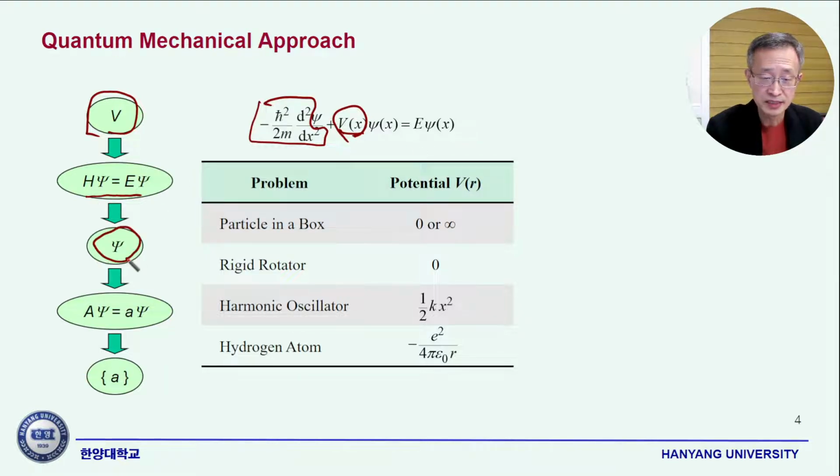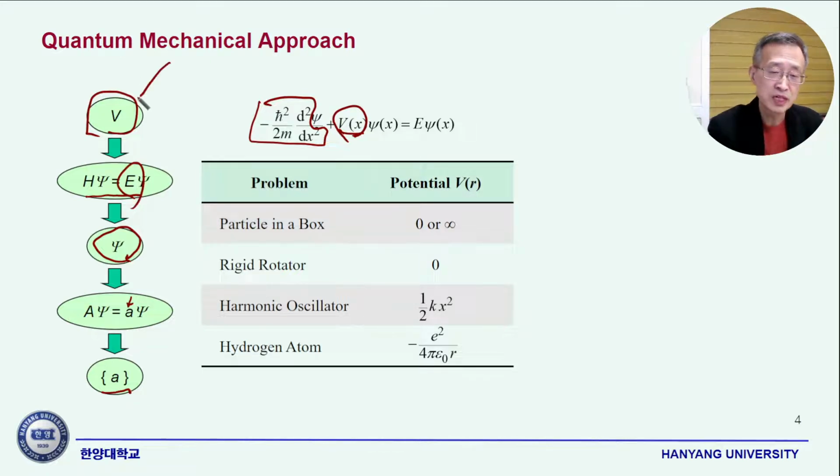We obtain psi, and from psi we can obtain all dynamical variables, given that the dynamical variable is expressed by an operator. In this case, the operator A gives you a, which is the eigenvalue, or if that's not the case, then we obtain an expectation value, which means an average. Anyhow, we can get energy.